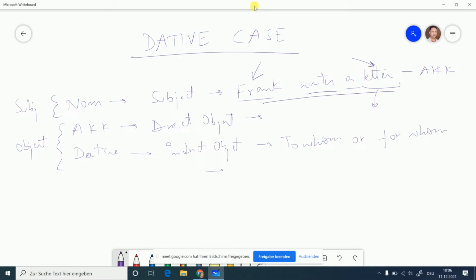So for example, Frank writes a letter to his mother, right? So the mother is the recipient of the action, and to whom or for whom is answered by this mother, and this is going to be the dative, right? So this was what we learned last time.